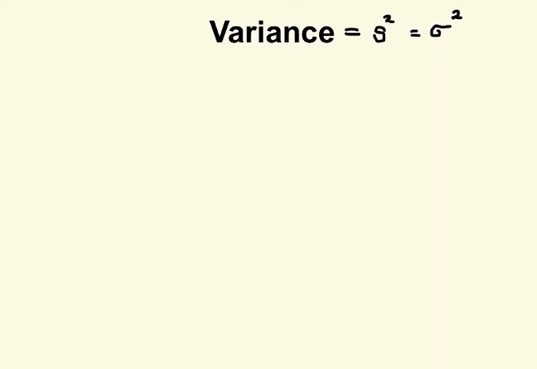Okay, so let's make sure that we have this straight. This is how we write variance when we're talking about a sample. And this is how we write variance when we're talking about a population. And again, we don't usually calculate variation for a population because it's generally too large.